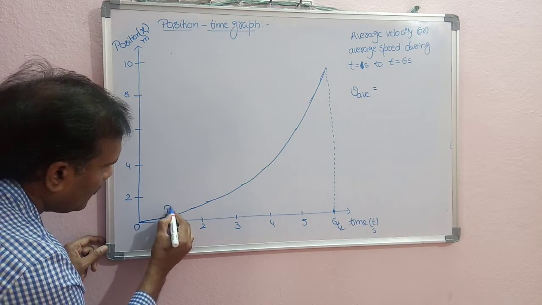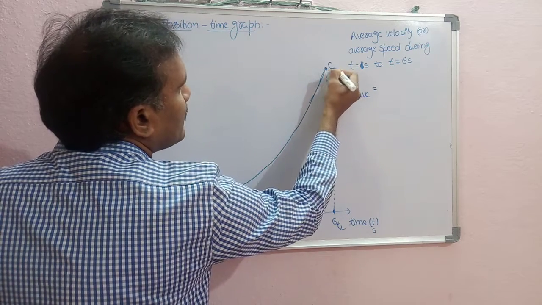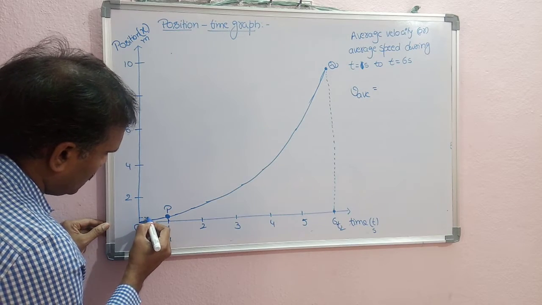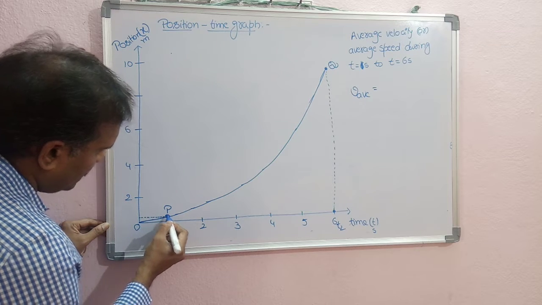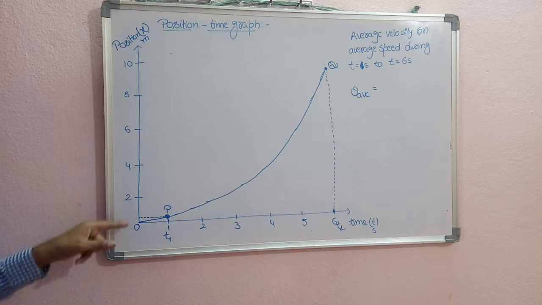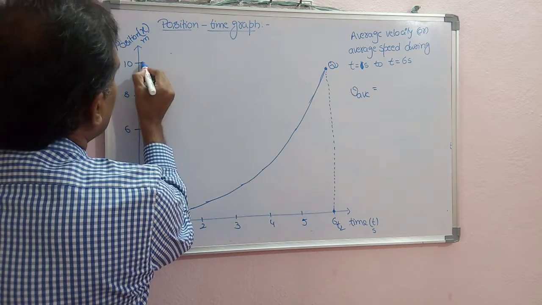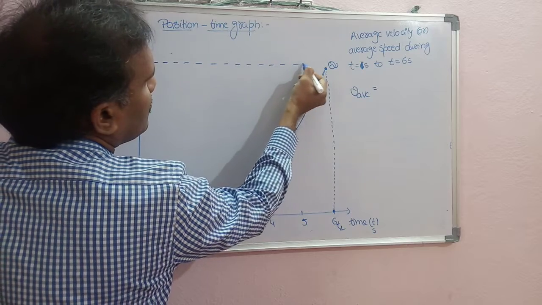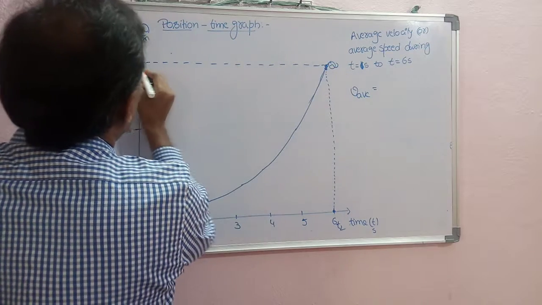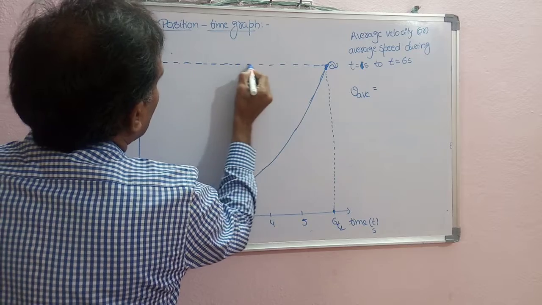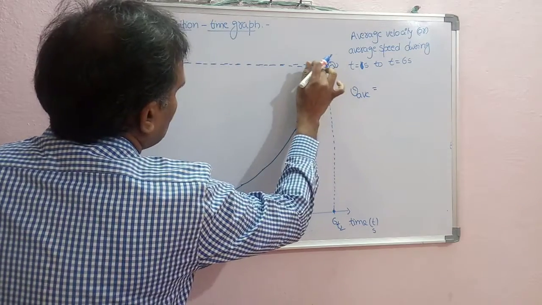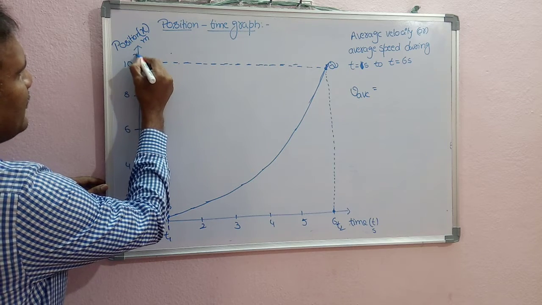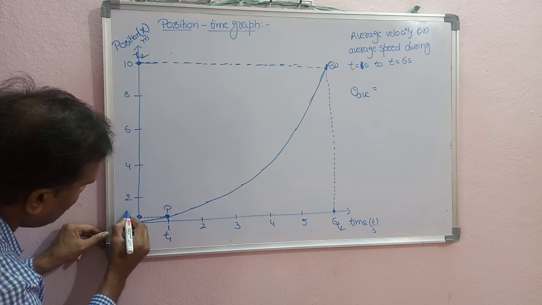This is the point P and correspondingly this point is Q. Now you can draw a perpendicular from this point onto the y-axis, and similarly from Q onto the y-axis. Let us consider them as x2 and x1.